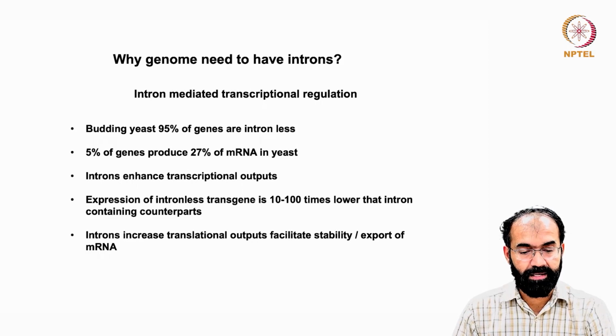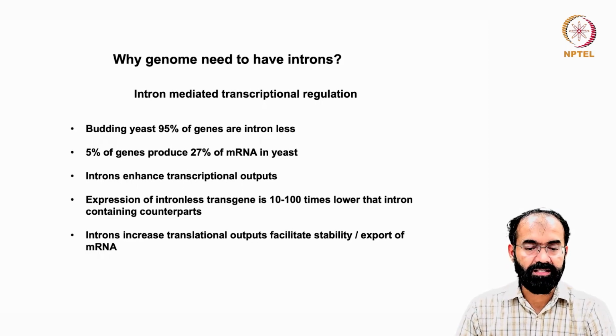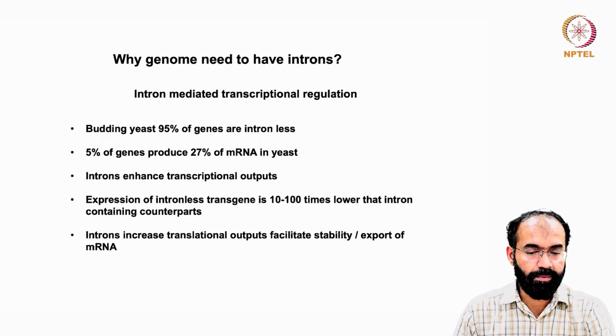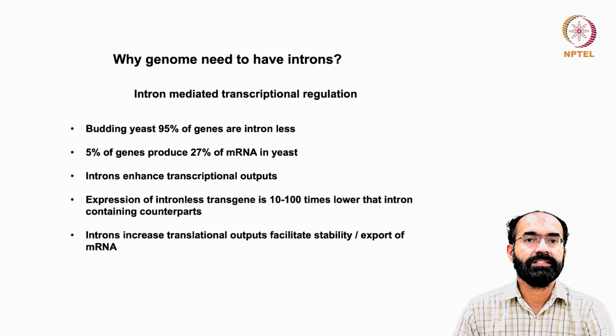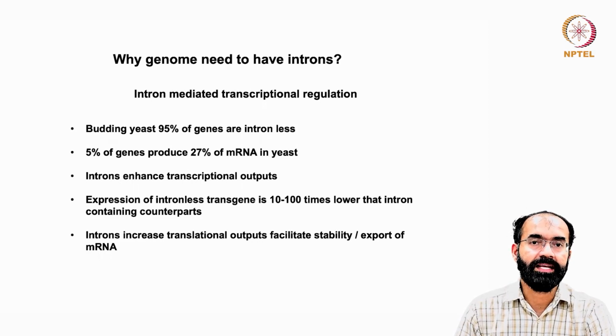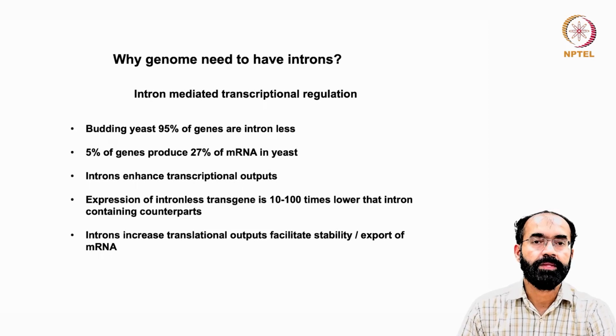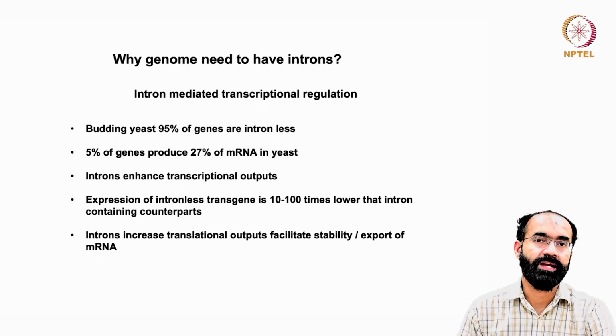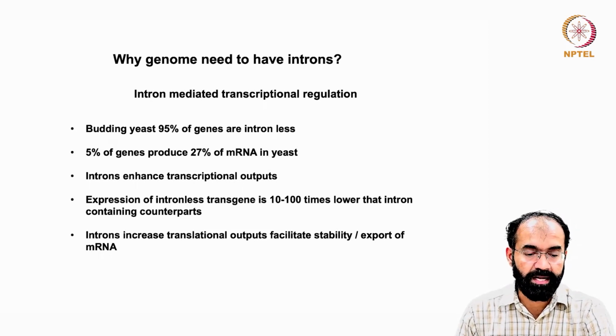This is something important you should keep in mind. 95% of the genes are intronless and 5% of the genes have introns. And it is important to note that 5% of the genes produce 27% of the mRNA in the yeast, and this itself indicates that diversity is an important possible way that introns bring in.